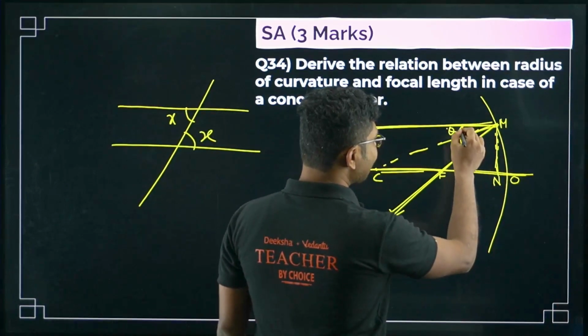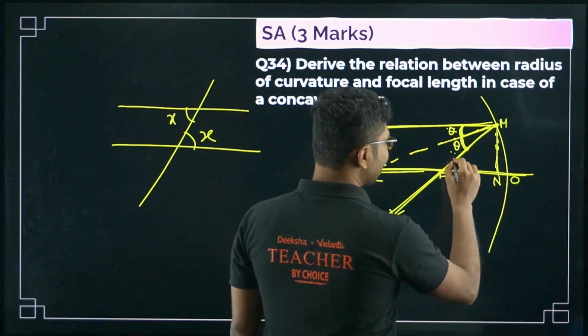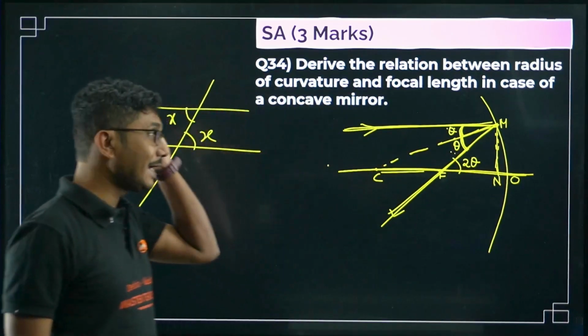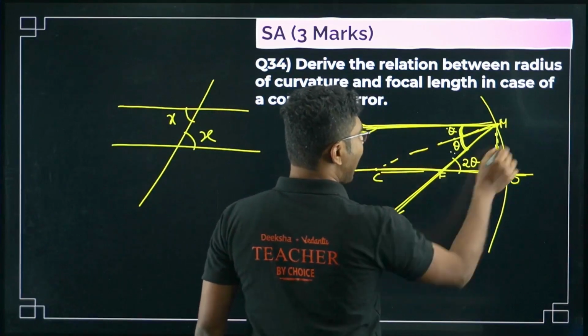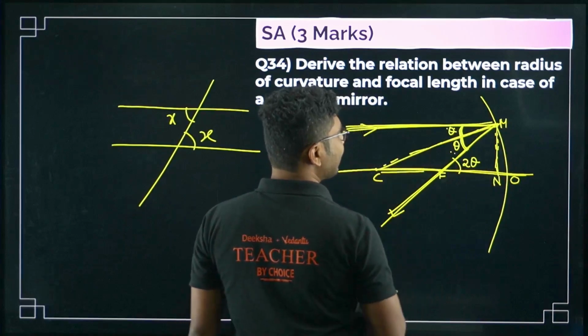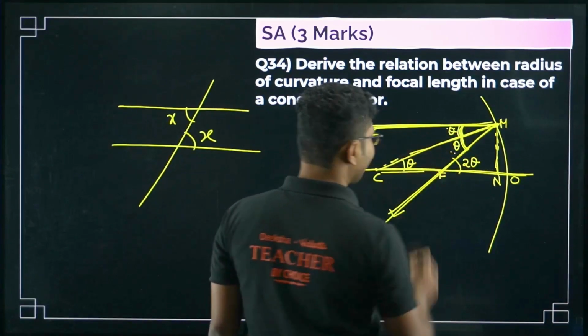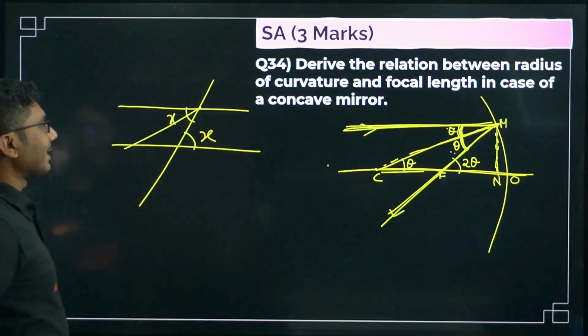What is this angle? This angle is theta plus theta, that is 2 theta. So this angle will also be 2 theta, right? And again, this is the parallel line and this is the bisector now, which means this angle is theta. So this angle will also be theta. So two lines, two different bisectors through different angles.